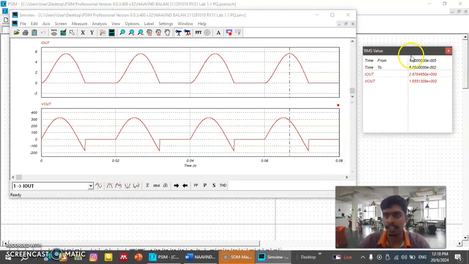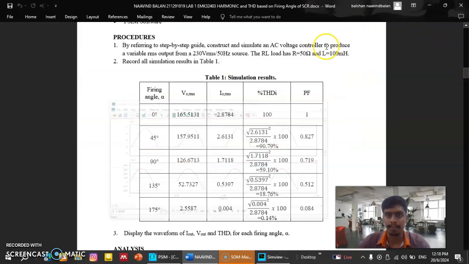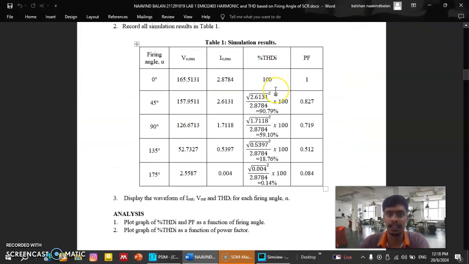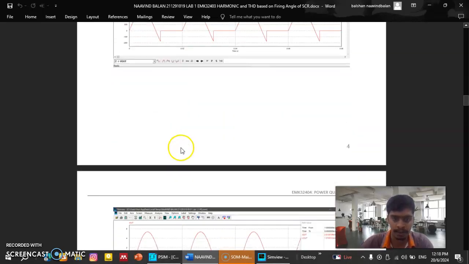So for the zero angle, I already inserted the IRMS and VRMS values. The THD is 100% and the power factor is 1 for the zero angle. And for 45, 90, 135 and 175 degrees, the results are already drawn below.